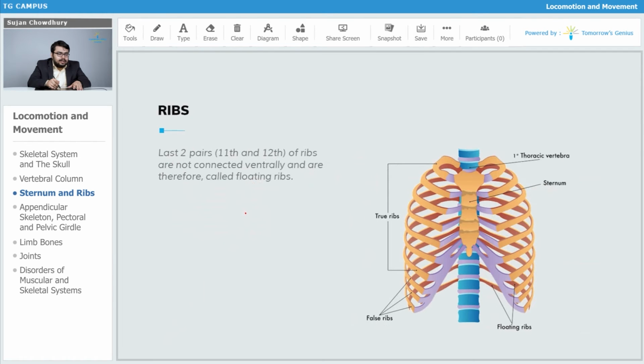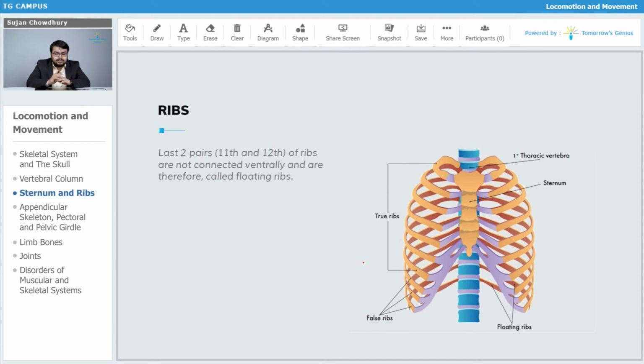Finally, we find the last 2 pairs, the 11th and 12th pair of ribs, which are not connected ventrally and are therefore called floating ribs. From the dorsal side they originate, but they do not reach the sternum at the ventral side.